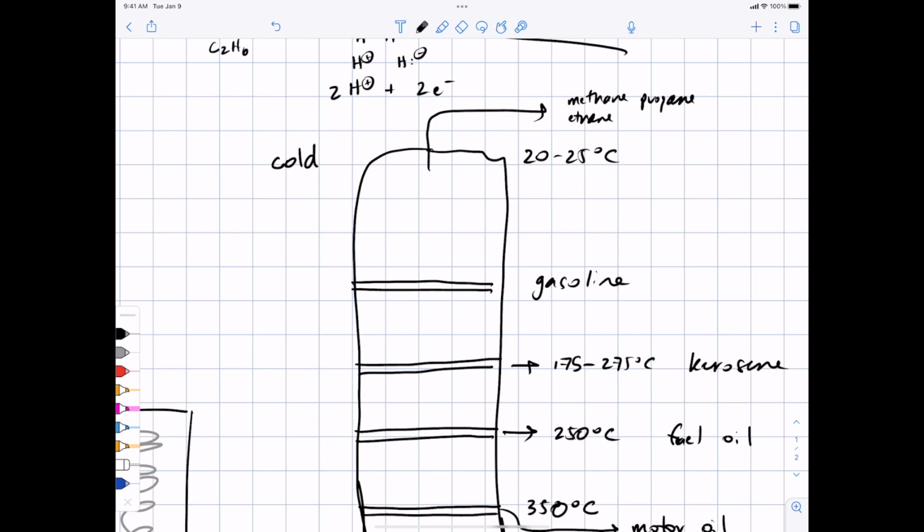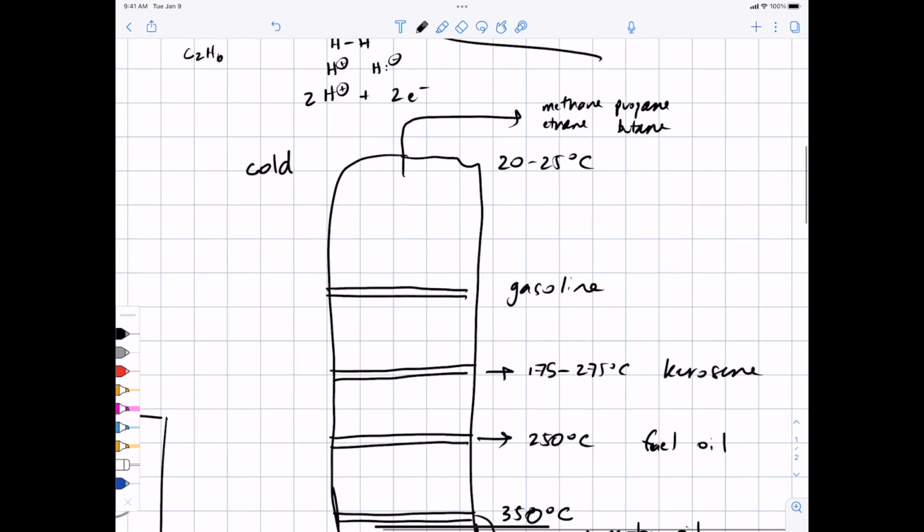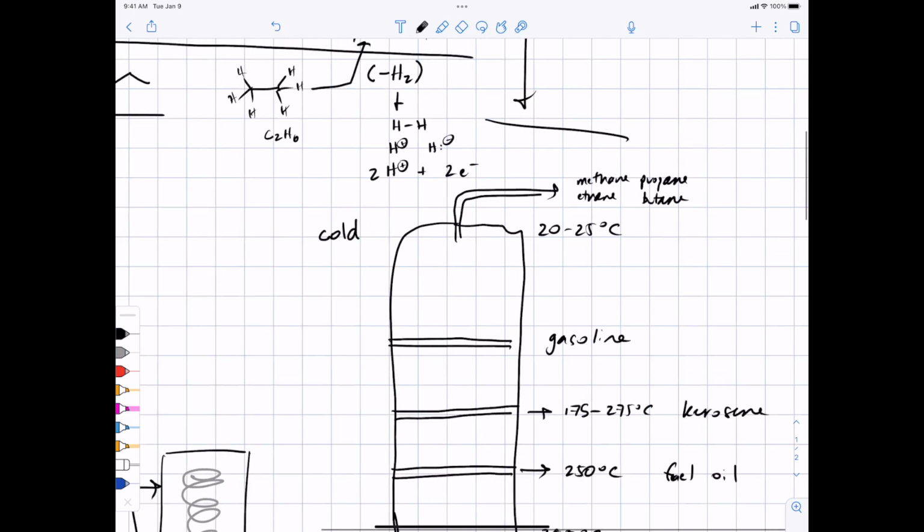And the problem with this, it's actually inconvenient to isolate these. And so what often happens, if there's an excess of these, they just pipe that into a flame tower and light it on fire.